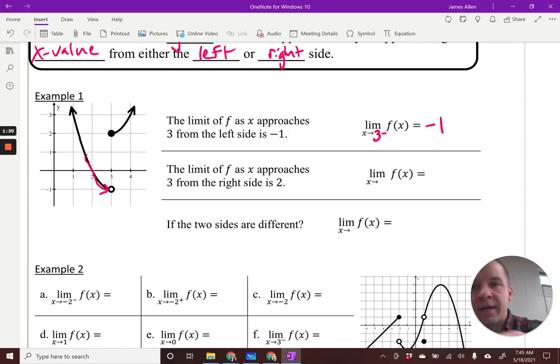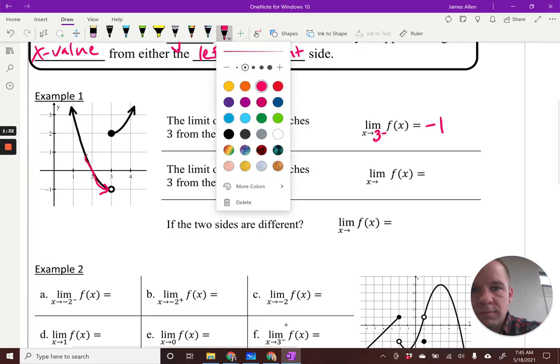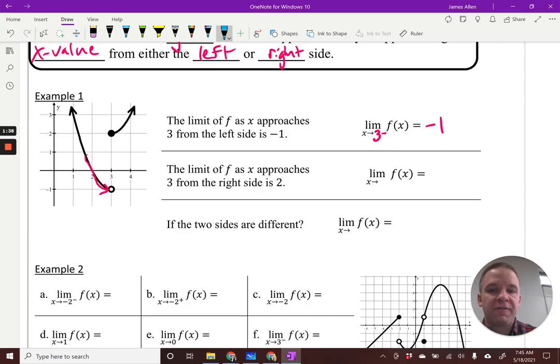Now, on the flip side, we'll go with the lighter blue. The limit of f as x approaches 3 from the right-hand side. So as I'm coming on the right-hand side here, I am going to +2 for my y value. So as x approaches 3 from the right, I'll put a little positive sign.